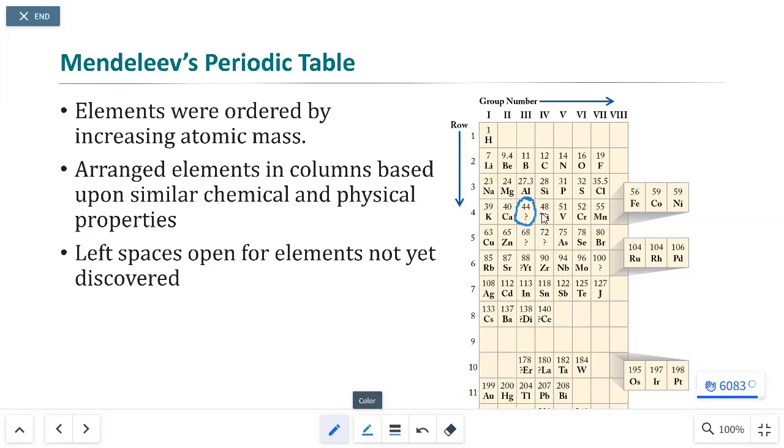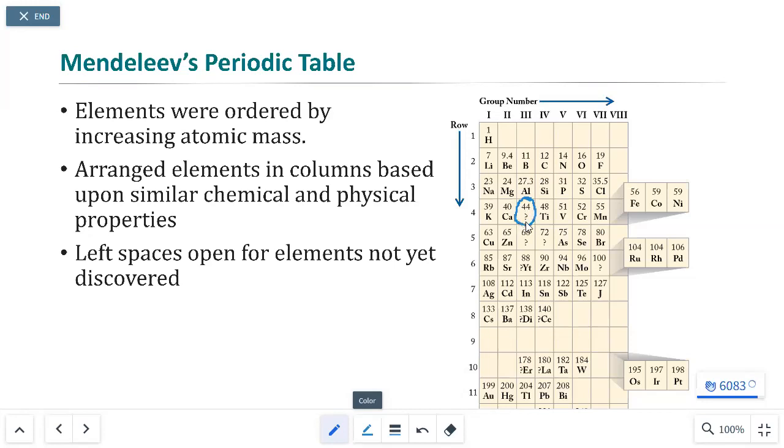Titanium doesn't do that. Titanium is more like carbon and silicon. It reacts with oxygen in a 2-to-1 ratio, 2 oxygens for every titanium. Whereas aluminum is in a 2-to-3 fashion.